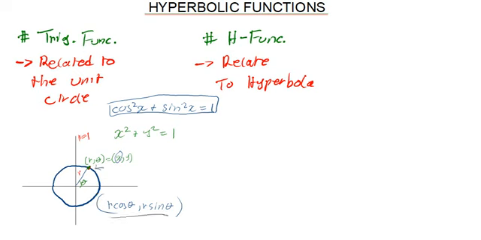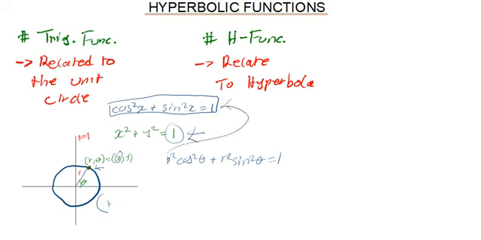So when you get that expression and replace it in this equation here, what you're going to have is r squared cos squared of theta plus r squared sine squared of theta is equal to 1, which is that one there. But this does not really resemble that one, simply because we still have r. But that's not really a problem, because we have understood that our r for the unit circle is 1. So 1 squared is still 1.